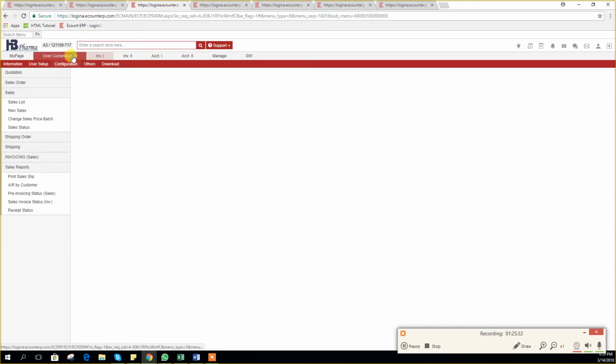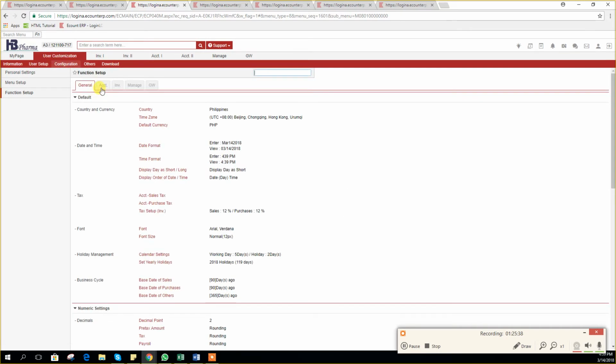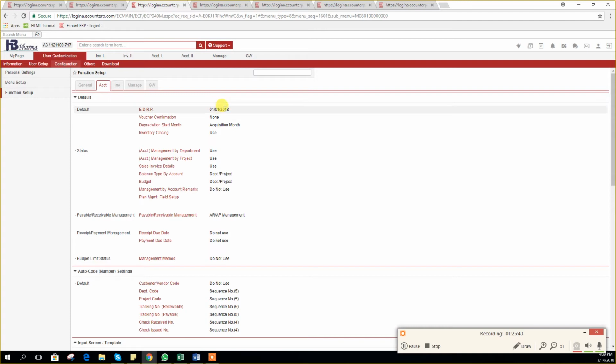So you need to change the EDRP, because it has been blocked already. Whatever is below this date cannot be changed. So if you want to change anything in 2015, you need to change the EDRP. So have you tried this?